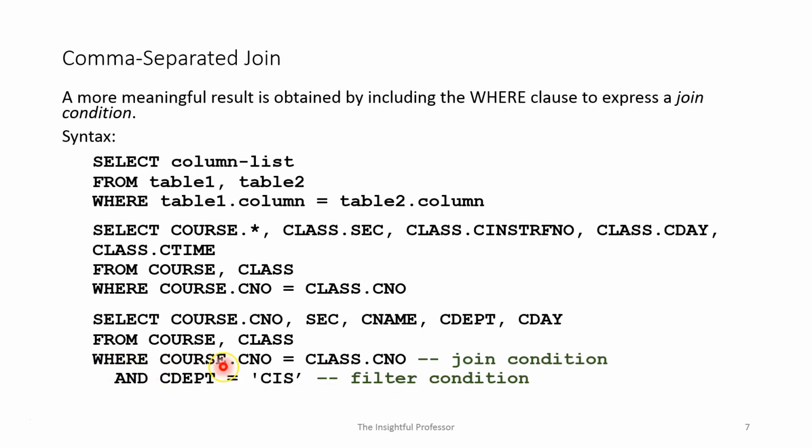So the where clause in the comma-separated syntax includes a condition that expresses a relationship or how to match the rows, and may include additional conditions which says how to get rid of the extra unwanted rows by using filters. So we have join condition and filter condition. Both of these would be expressed in the where clause using this syntax.